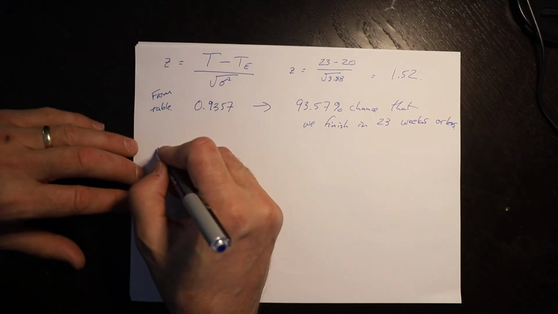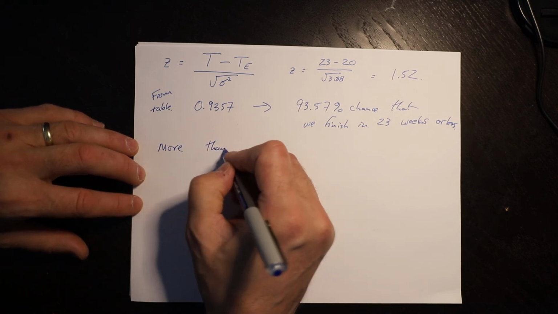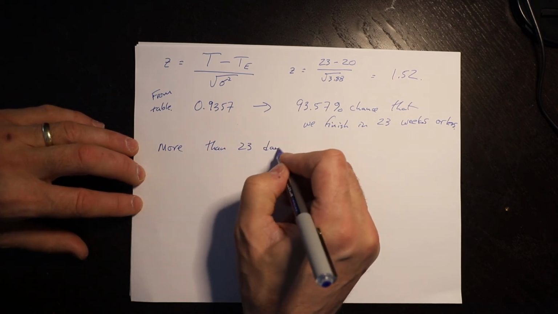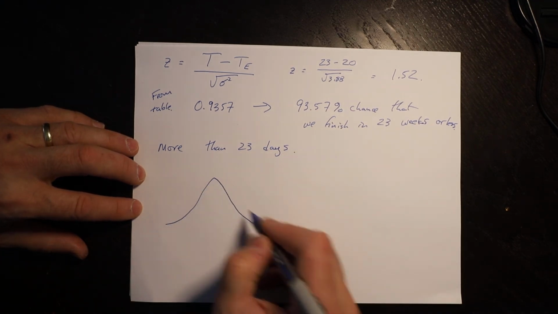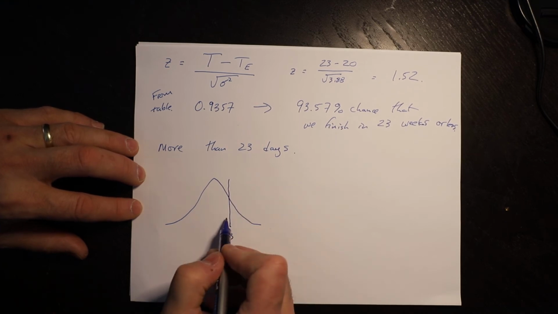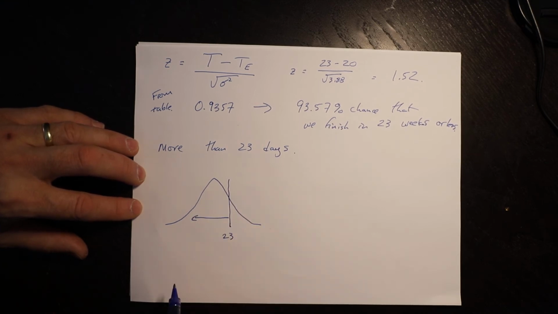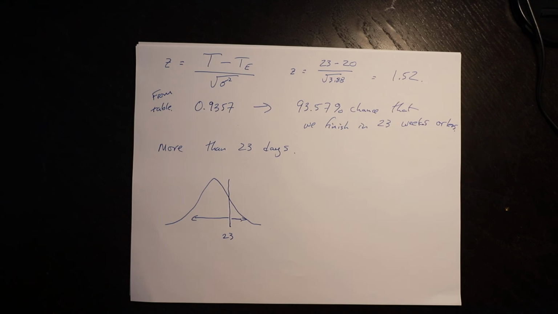So if I was to ask you then, what is the probability that it will take more than 23 days? If you look at a symmetric, that 0.9357 is that area, so more than 23 days is that area under the normal curve.